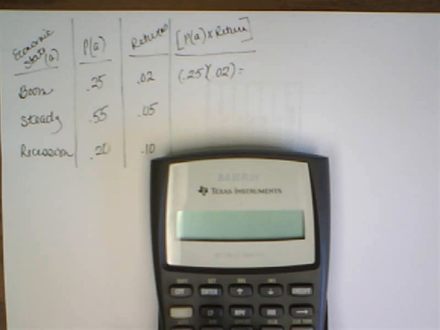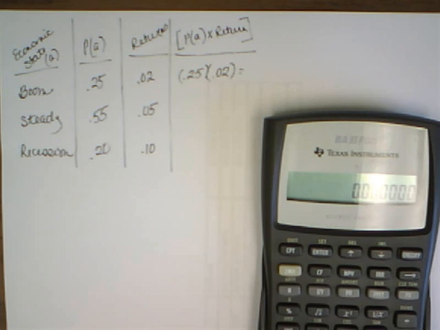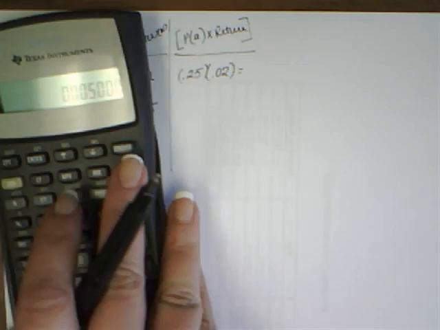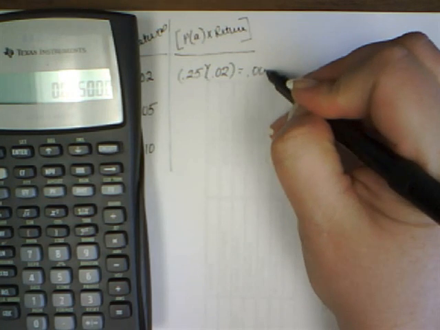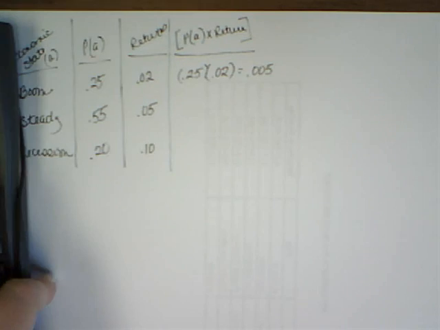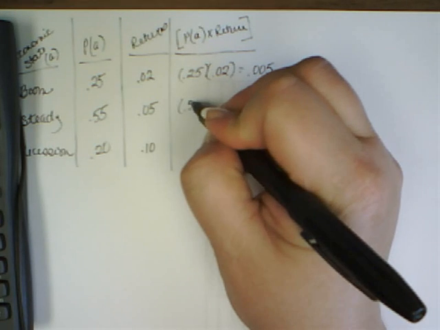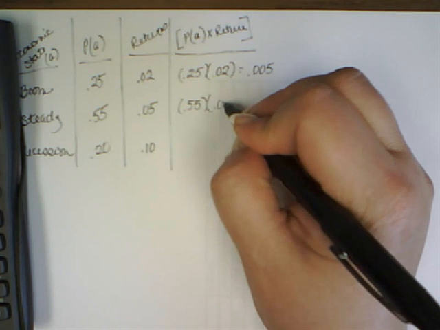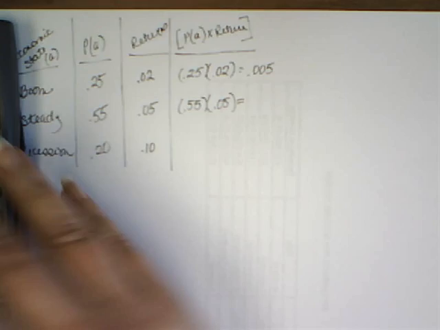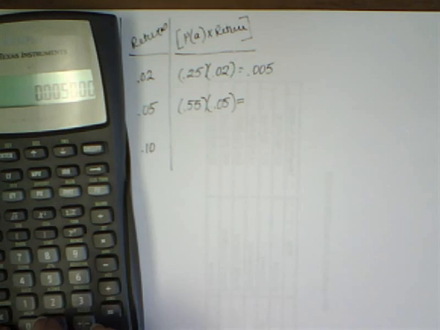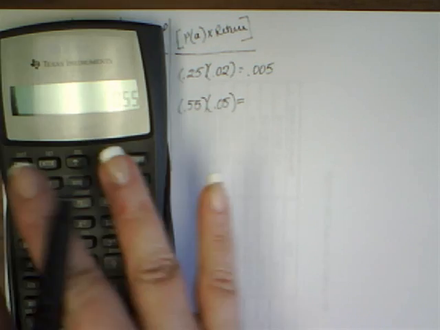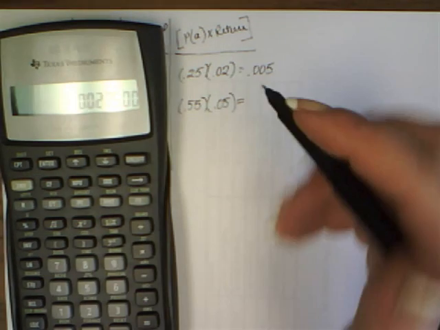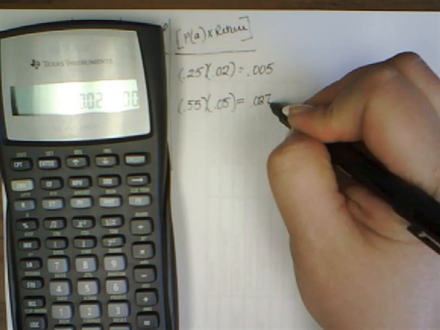Go ahead and take the calculator out on this. 0.25 times 0.02, and we get the answer 0.005. And we do the same thing again. The probability of the economy remaining steady and the chance of a 0.05 return, 0.55 times 0.05, we get 0.0275.